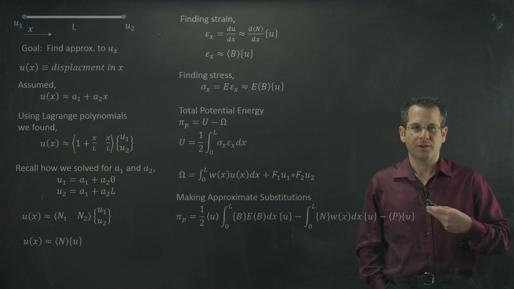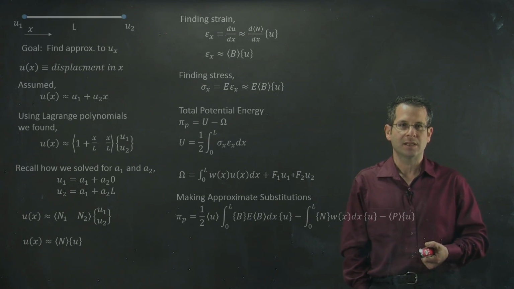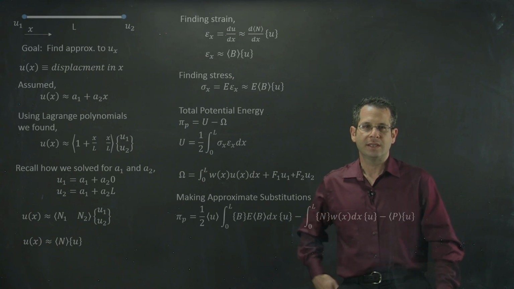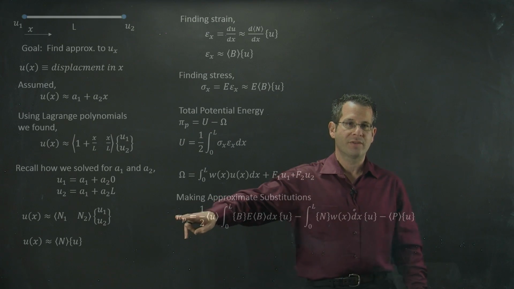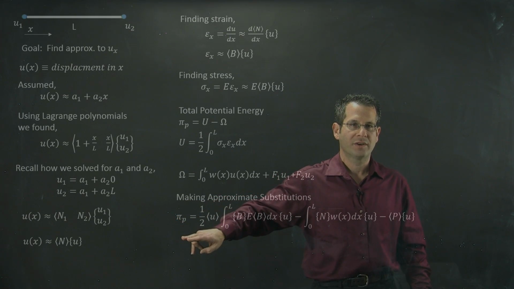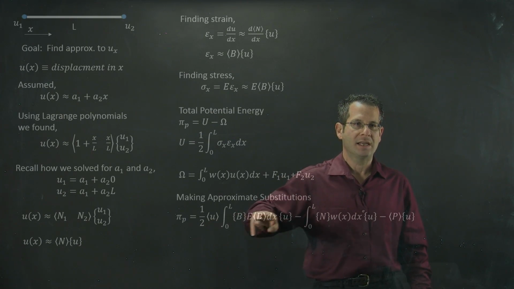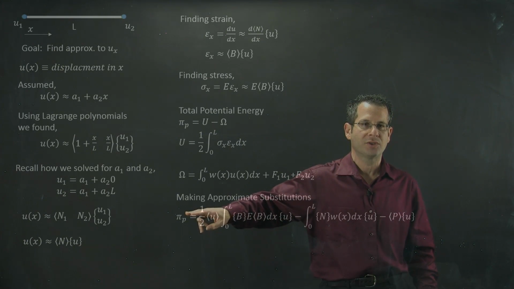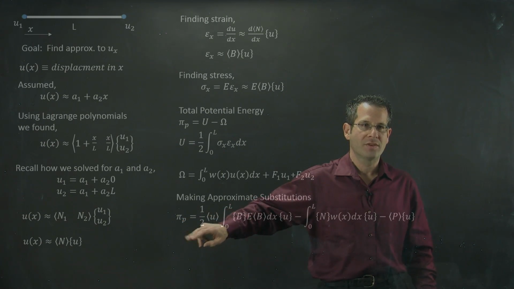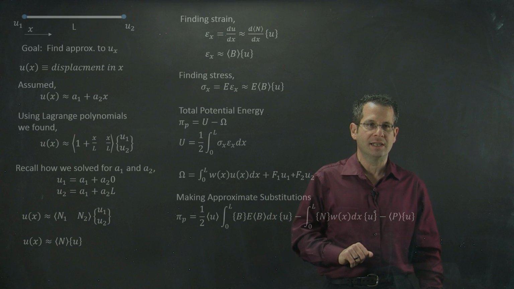We spent an awful lot of time on in-class assignments proving that you can do this as a series of the partial derivative with respect to u1 and the partial derivative with respect to u2, or you can look at these as vectors and simply take the partial derivative of potential energy with respect to the u vector. It ends up being the same.